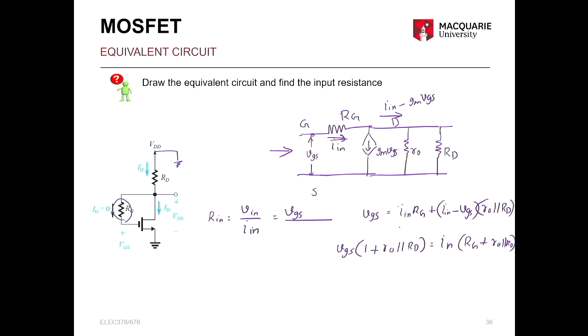Is it correct? So what is VGS divided by I in? It's equal to (RG plus R0 parallel RD) divided by (1 plus gm times R0 parallel RD).